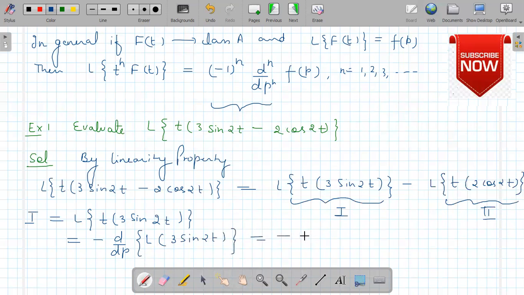This is equal to minus d over dp. 3 is constant, and Laplace transform of sin 2t will be 2 upon p square plus 4. So we have to differentiate this expression, 6 upon p square plus 4, with respect to p.